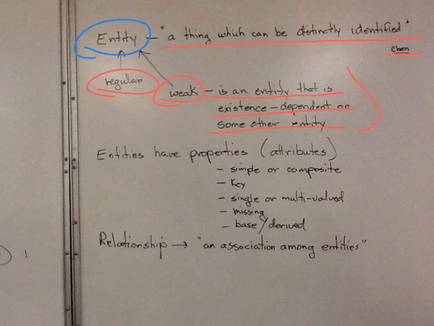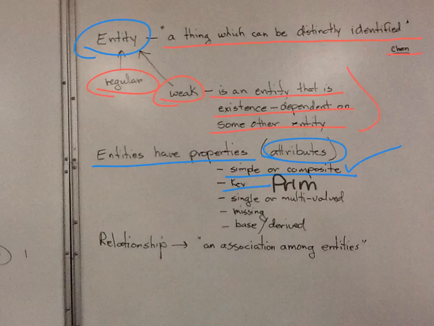Entities have properties. We're calling them attributes also. They can be simple or complex. We talked about that. Keys, we talked about, right? It could be a primary key or a foreign key. Single or multi-valued. We stay away from the multi-valued. Talk more about that later. And then he always said they could be missing.